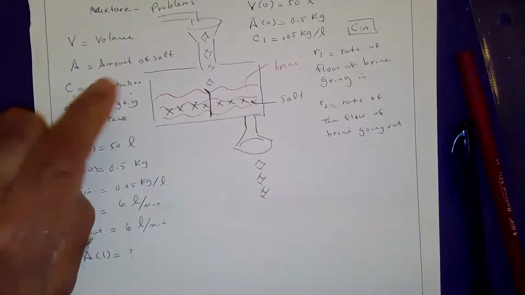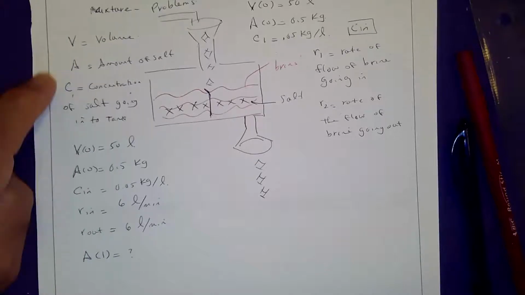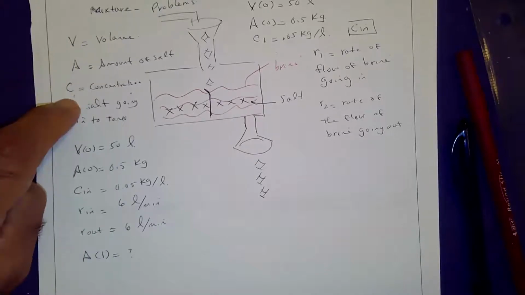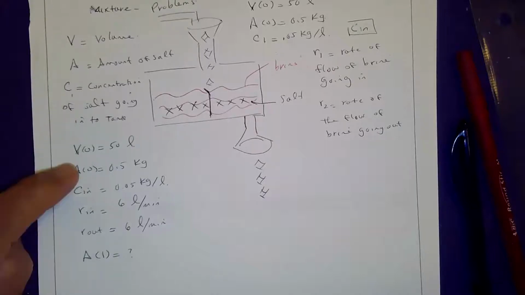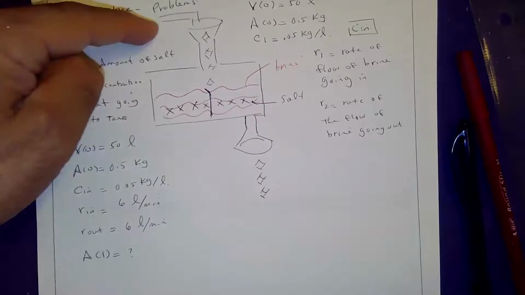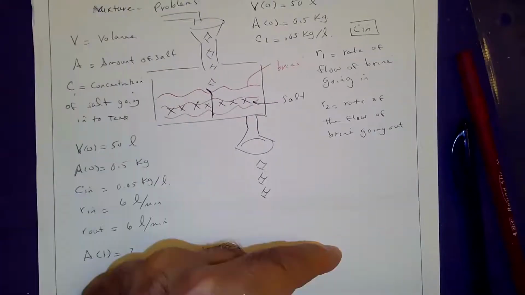Remember, we decided A stands for the amount, V stands for volume, C stands for concentration, R stands for rate. So you have two rates: how fast the brine is going in and how fast it is coming out.